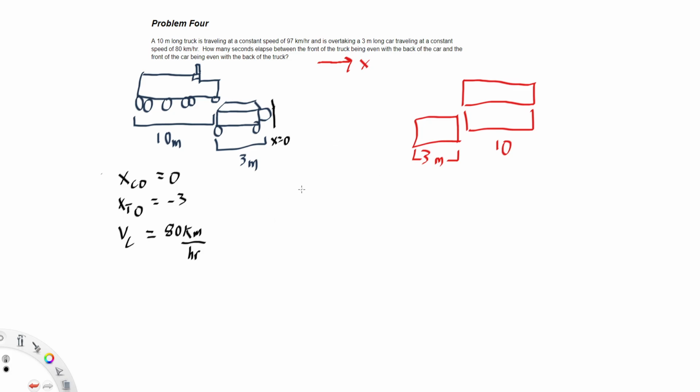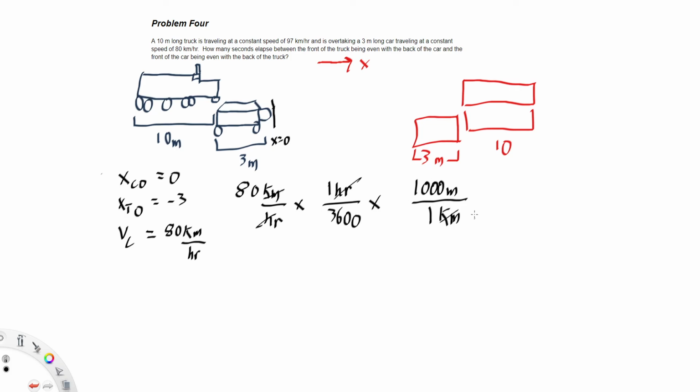So let's convert from kilometers per hour to meters per second. So 80 kilometers per hour. 1 hour is 3,600 seconds. 60 times 60. Remember that from the last problem. And 1,000 meters is 1 kilometer.